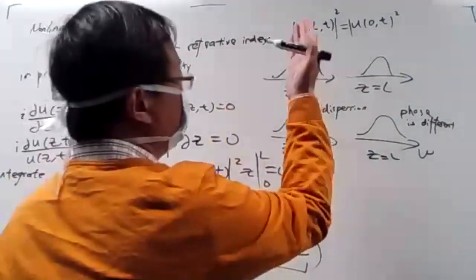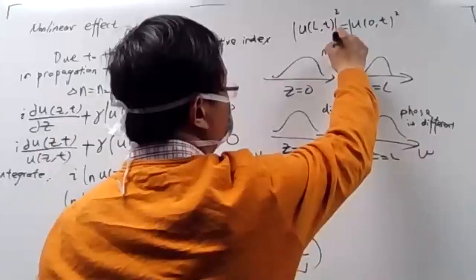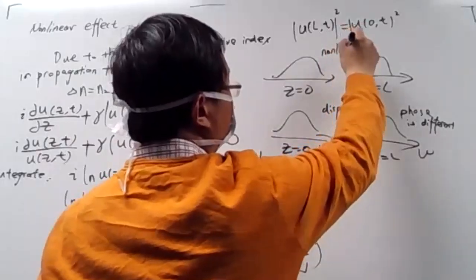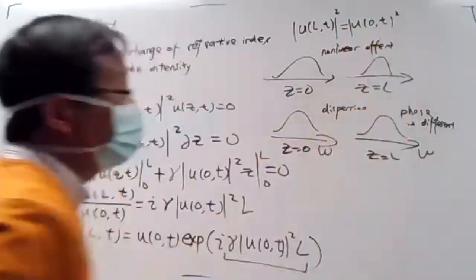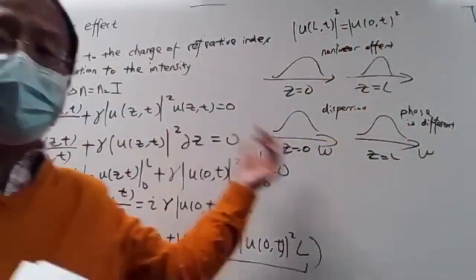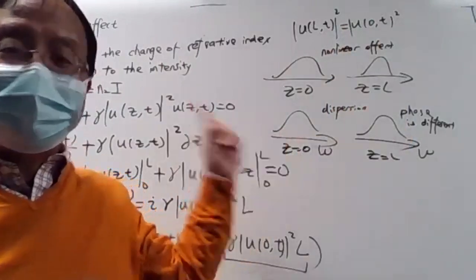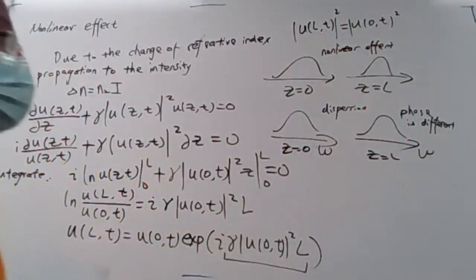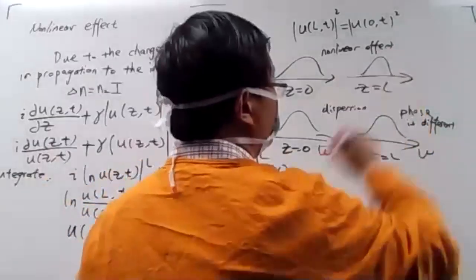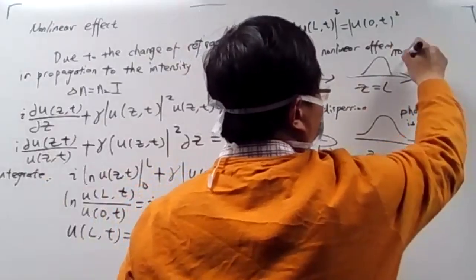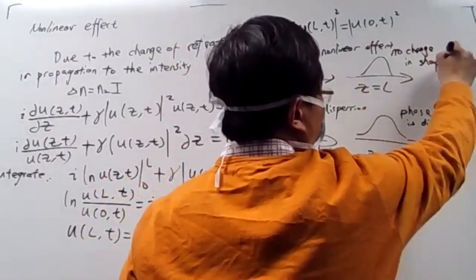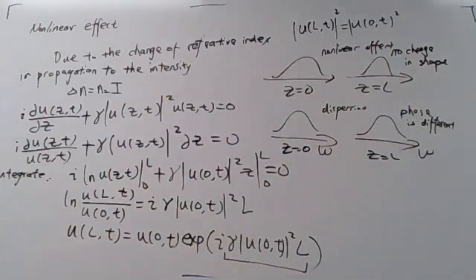For the nonlinear effect in the time domain, it does not change the shape, but the phase is different. There is no change in the pulse shape in the time domain.